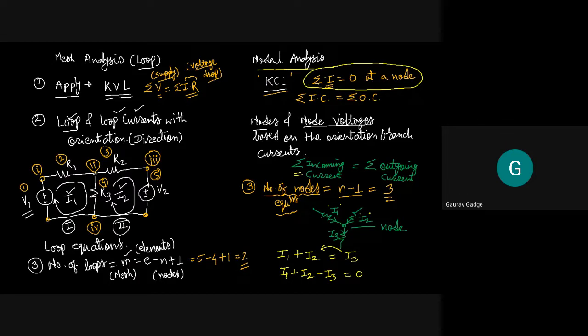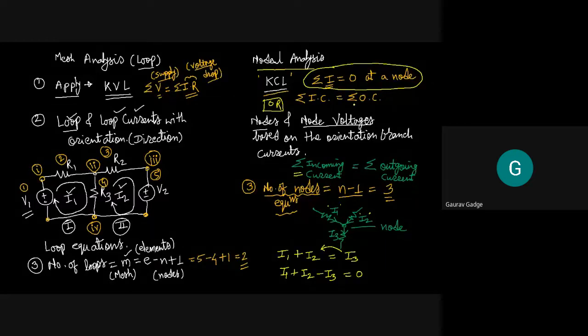It says summation of current is equal to 0 at a node, means summation of currents reaching a node is equal to 0. In other words, summation of incoming current is equal to summation of outgoing currents.